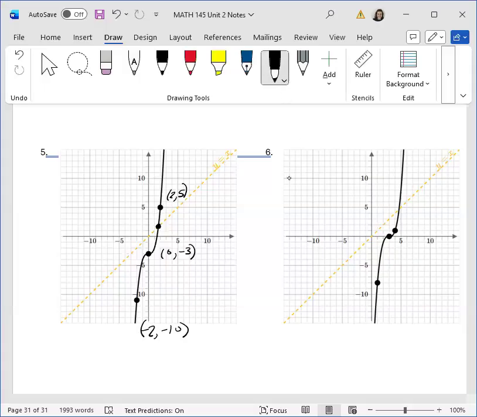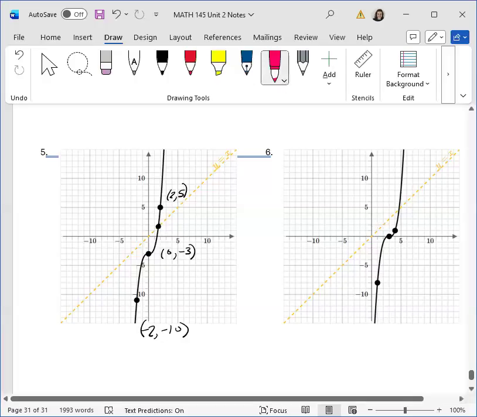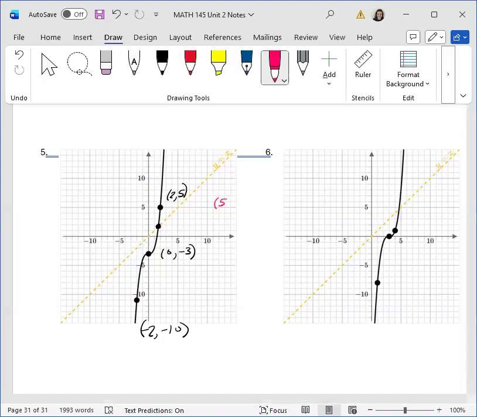Okay, the inverse coordinates, switching the x and the y: this one would be located at 5, 2. This point would be -3, 0. And the last coordinate would be -10, -2.